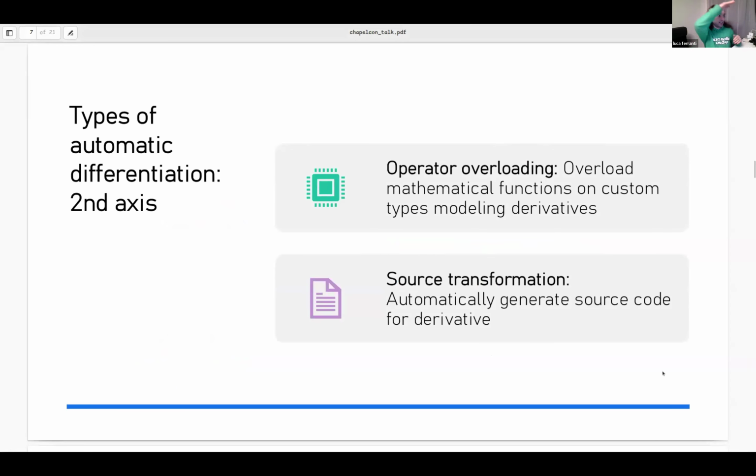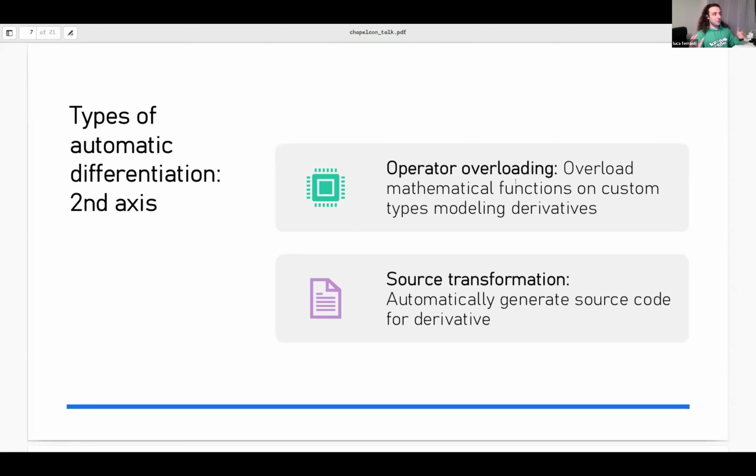Then the second axis in which we classify automatic differentiation approaches is depending on how it is implemented in practice. So we have operator overloading, on which I will not talk much in this slide because the next slide is dedicated to it, or source transformation. In operator overloading, briefly speaking, we define a new type which somehow encodes the derivative, more on this on the next slide, and then we overload our arithmetic functions, addition, sine, exponential, whatever, on those new types to also compute the derivative.